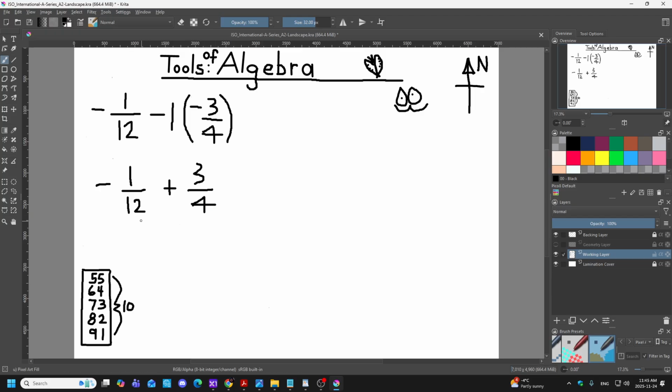Okay, common denominators again. I know we're close to 10. We're only 2 digits over 10, but I do know that 12 can be divided by 4. Same thing with 4, obviously, being divided by itself. I'm going to keep my denominator low and choose to use 12 because they are nice denominators.